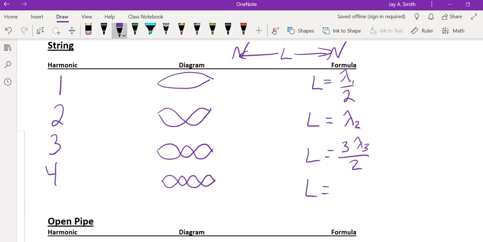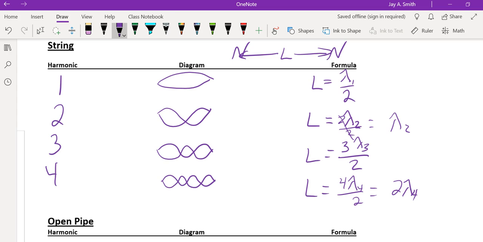If you want to see a pattern here, this is 1 lambda 1 over 2. This would be 2 lambda 2 over 2, which reduces, the 2's cancel and you just get lambda. This is 3 lambda 3 over 2. This would be 4 lambda 4 over 2, or we can just say 2 lambda 4.